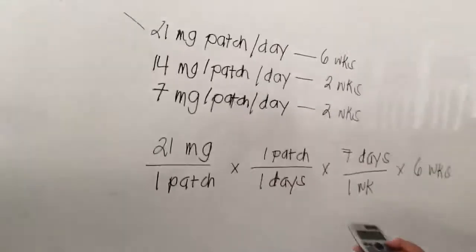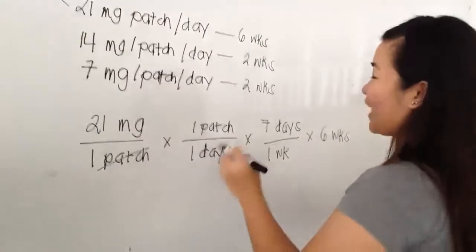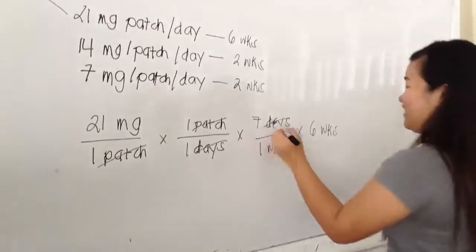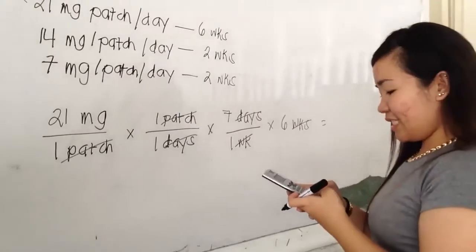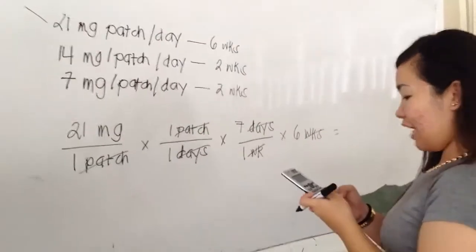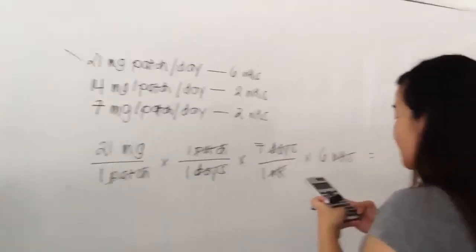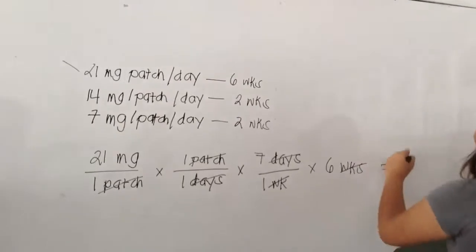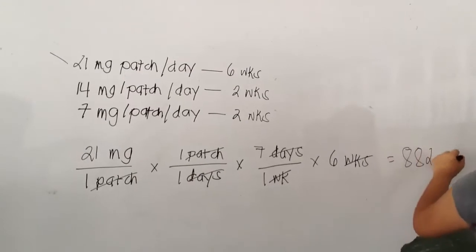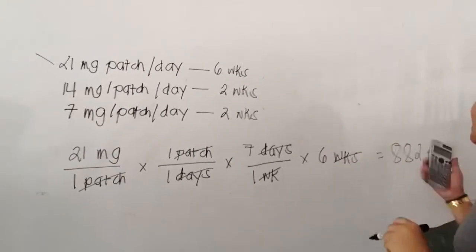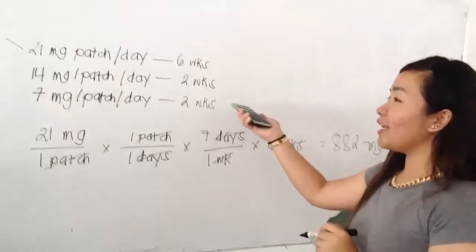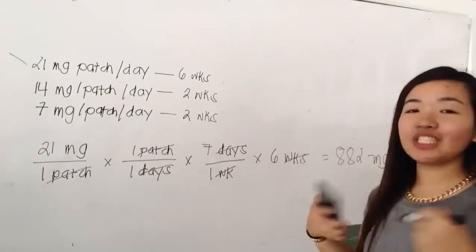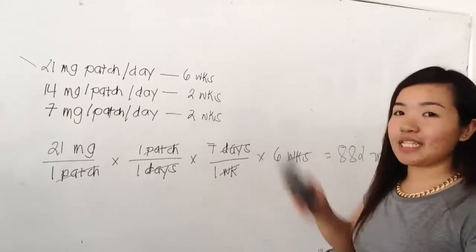So we have to cancel what needs to be cancelled. So 21 milligrams times 7 times 6 is 882 milligrams. So these are the milligrams of patch that the patient needs to wear in 6 weeks.